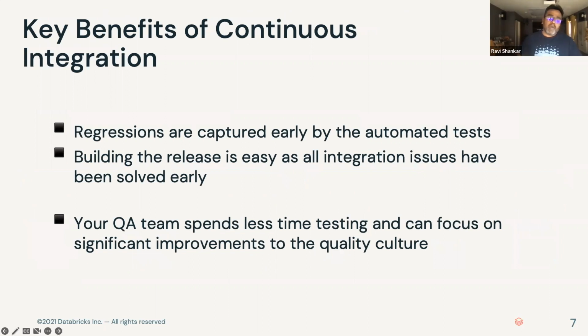So what are the key benefits of continuous integration? Why do we need continuous integration? Regressions are typically captured at a very early stage by the automated tests. If you have a bug in the code, or a specific package that's not part of the staging, it is important to quickly test this and identify what's happening within the code at a very early stage.